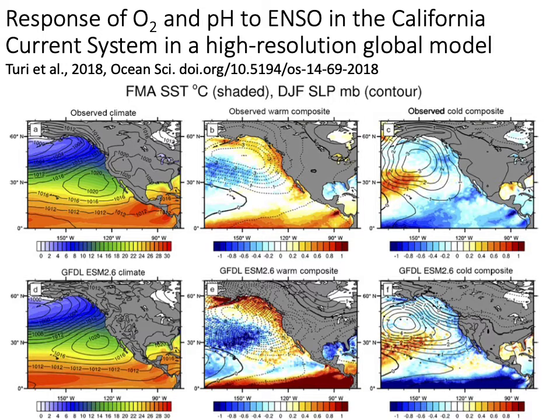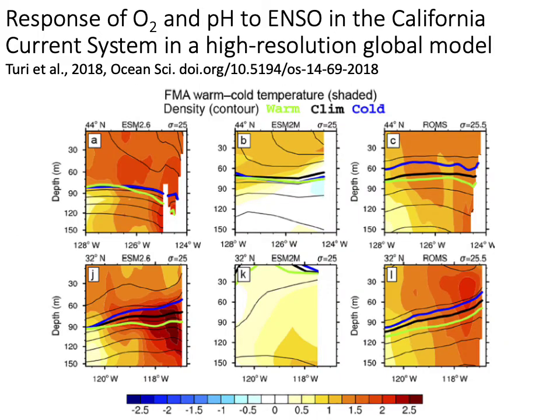And in the lower set of panels, the same variables within GFDL's high-resolution ESM 2.6 in climate, warm, and cold composite anomalies. All of that mostly is due to the role of resolution, where you can see that the ROMS simulation, that's a regional simulation forced by changing boundary conditions, is also capable of showing these regional patterns.